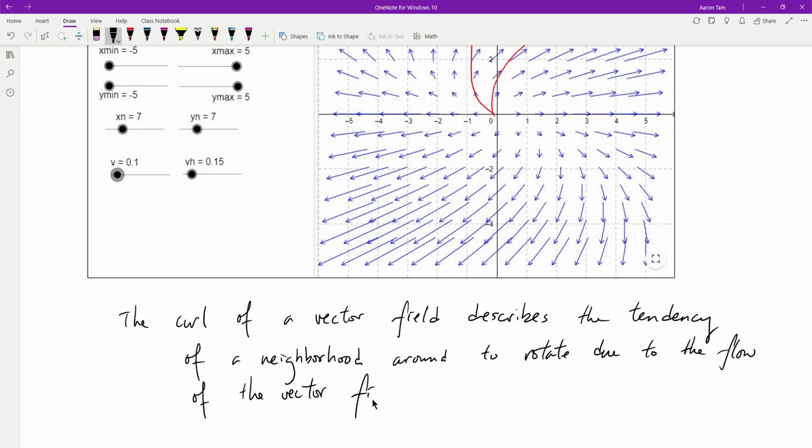Which is the reason why it's called the curl, because it talks about how the vector field rotates around itself.